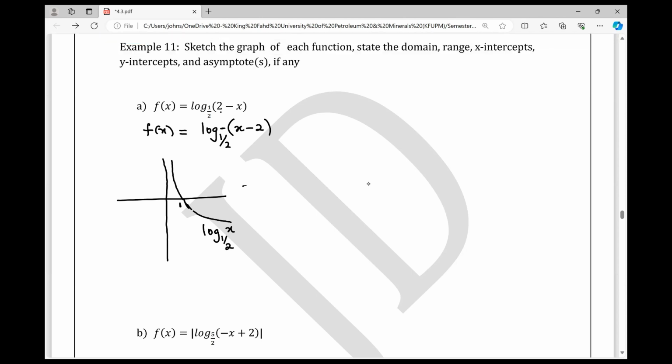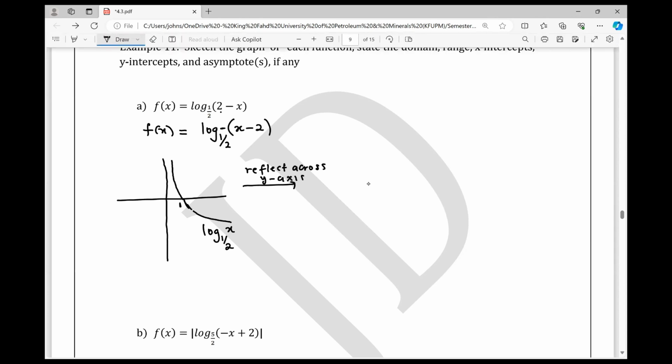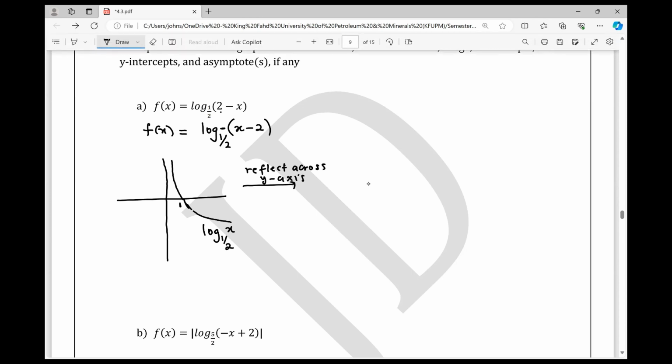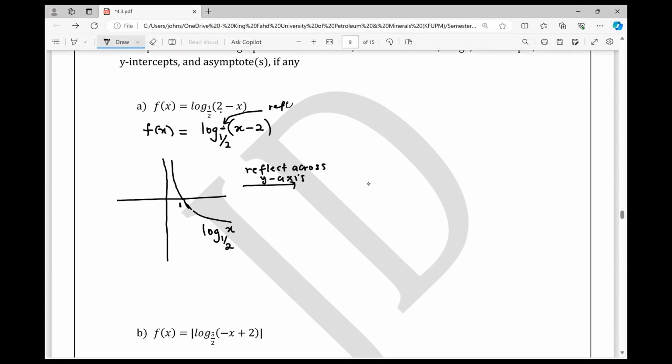And at which point, you see this is at the point 1. And then we can reflect across the y-axis, right? Why am I reflecting across the y-axis? Because of this minus here. So this is the reflection across the y-axis.